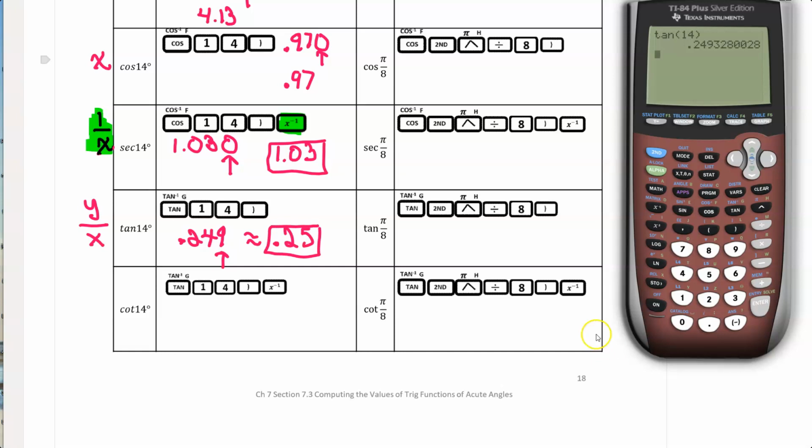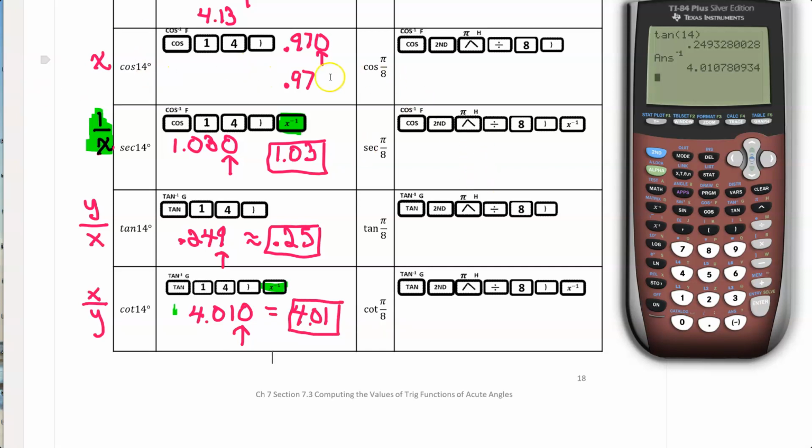All right. The cotangent is x over y, so I'm going to flip my tangent answer. I've already got it typed in, so I just have to hit the reciprocal button, x to the negative 1, and there's my cotangent. 4.010. 2 decimal points would be 0.01.